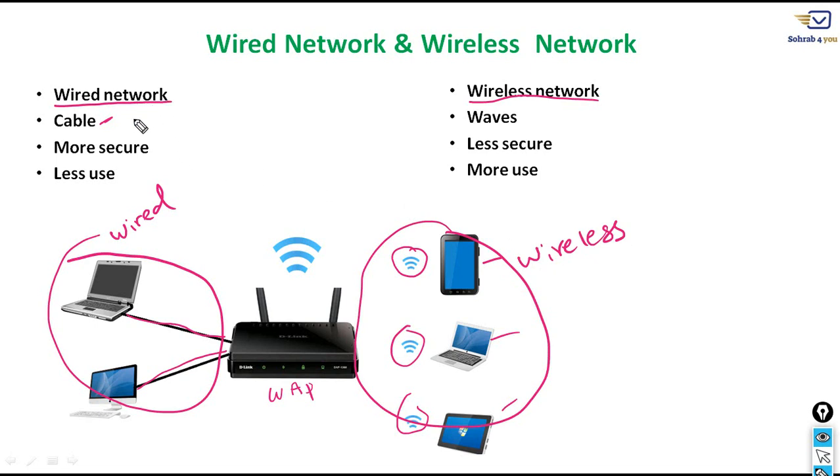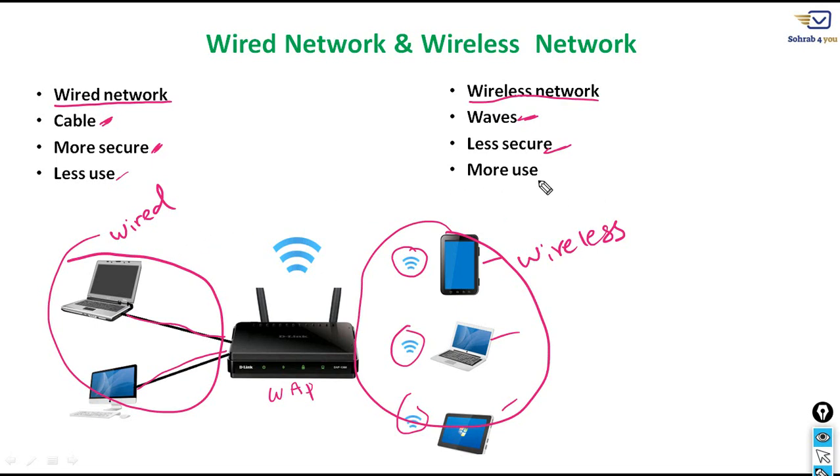Mostly a wired network connects via cable, and a wireless network connects via waves. A wired network is more secure, and a wireless network is less secure. A wired network has less usage. Now in very few places do people use wired networks, because it's not that comfortable. When you go somewhere, you have to carry the wire all the time.